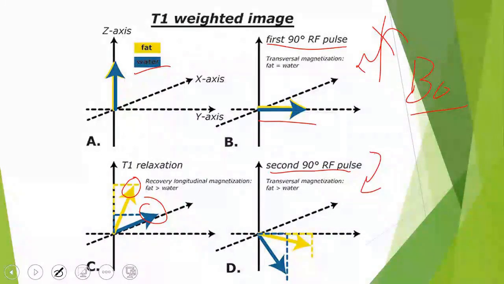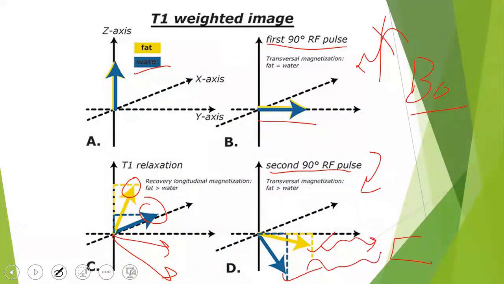The RF pulse will tilt the fat and the water, tilting the yellow line 90 degrees, so it is here. And the blue line, the water, is also tilted 90 degrees, so it is here. The difference between the yellow line and the blue line, or fat and water, will remain. When you come to record the signal, the fat will be brighter than the blue, the water.